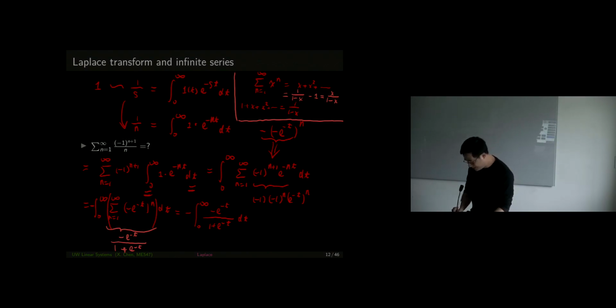Because we can see that if we denote u to be 1 plus e to the negative t, then this is negative, u in the denominator, and then in the numerator is going to be 1 minus u, and then dt.